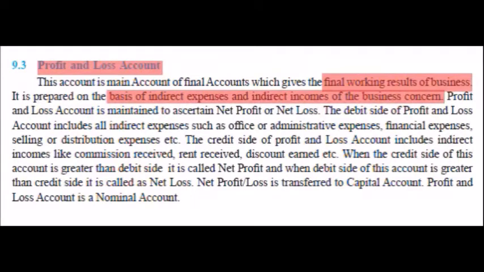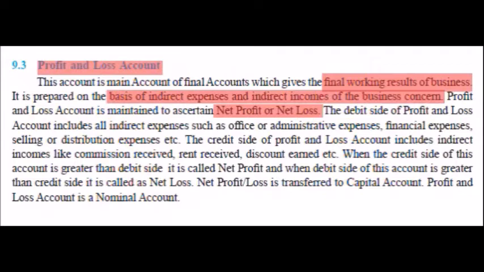Profit and loss account is maintained to ascertain net profit or net loss. The debit side of a profit and loss account includes all indirect expenses.